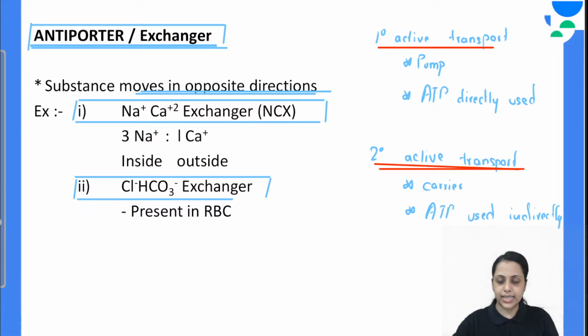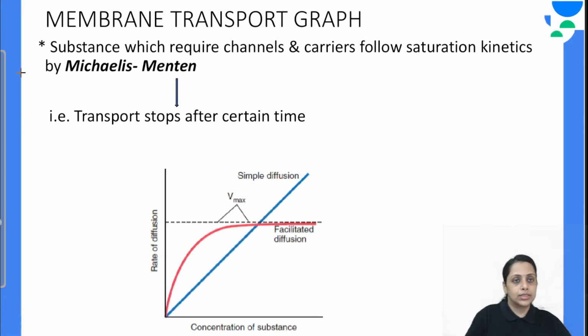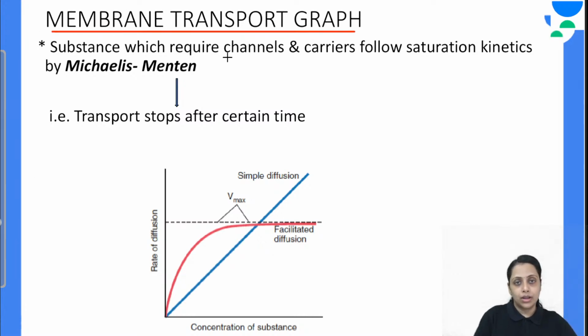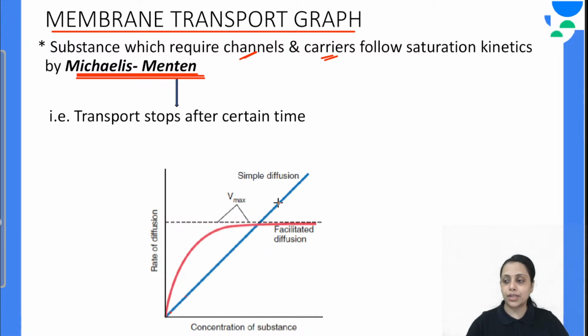So next, taking the last topic, that is Michaelis-Menten Law, the membrane transport graph. Wherever a channel or carrier is required, there is following of the Michaelis-Menten Law. What does this law state? Initially when we increase the concentration of the substance, the rate of transport increases.